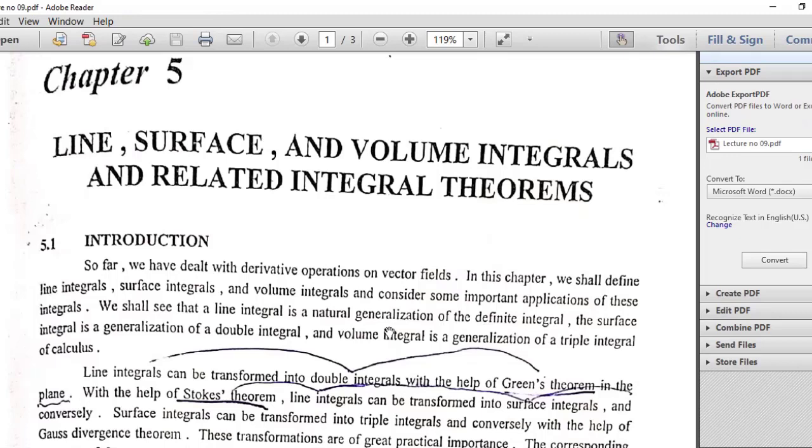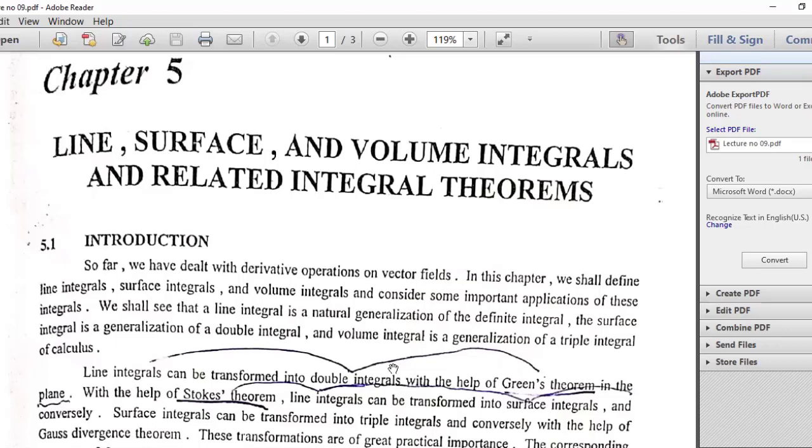Also, students, what we study in this course is how a line integral can be converted into a double integral, and how the double integral is converted into a triple integral.